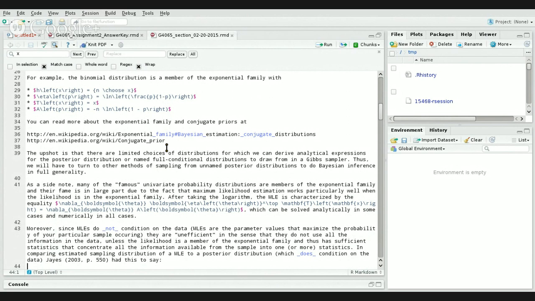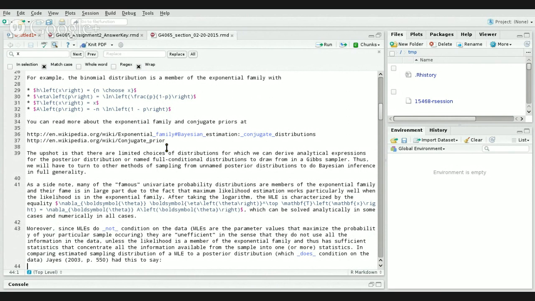And you can understand that in a very intuitive sense if you always remember maximum likelihood estimates don't condition on the data. They are the parameter values that maximize the probability of you observing the particular sample that you have. So it does the conditionality the opposite way of the way that would make sense, which is the Bayesian way.